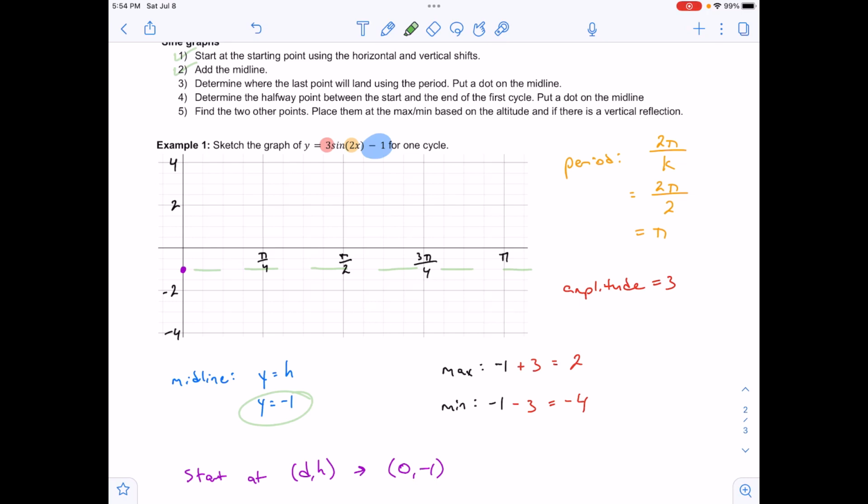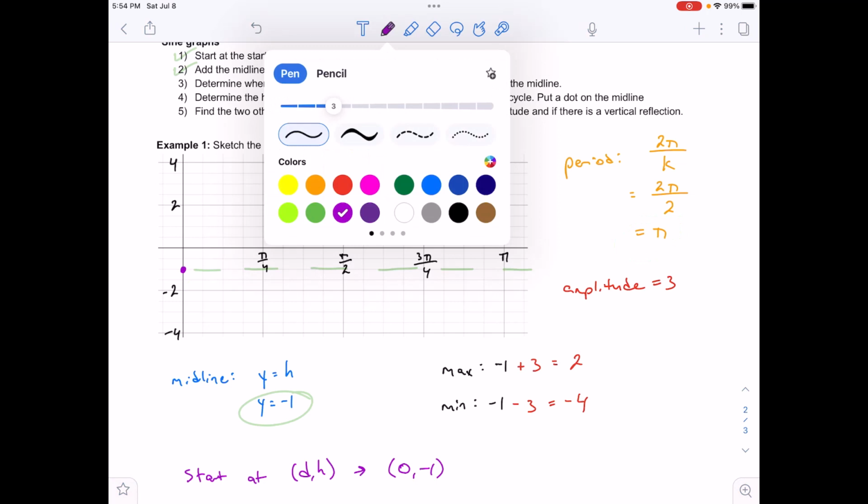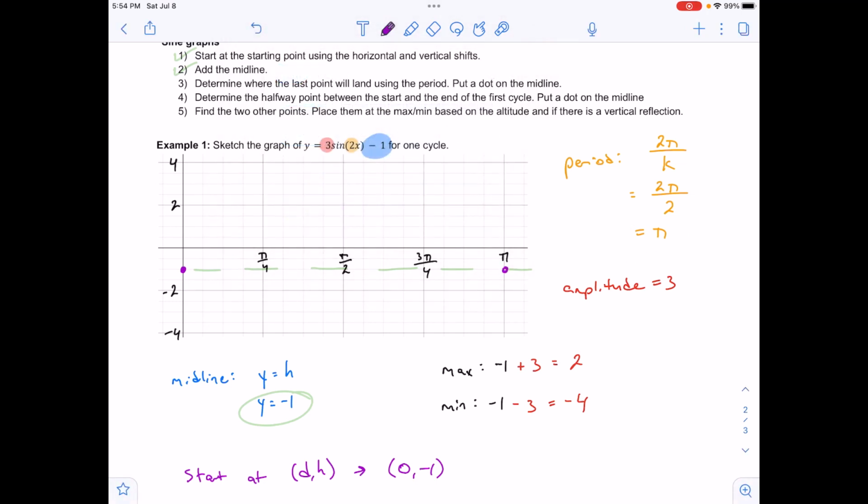Now I need to determine where the last point will land using the period, and I'm going to put a dot on the midline. Well, my period is pi and I'm starting at 0, so I'm going to land at pi. I put a dot on the midline because it comes on back to the midline.